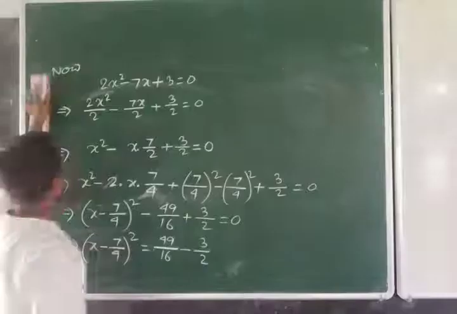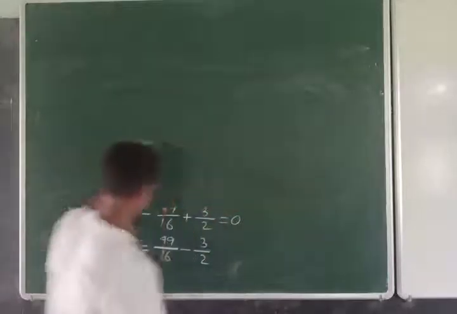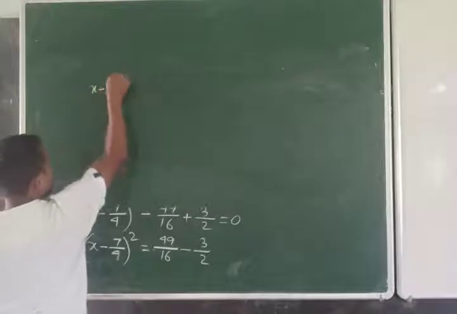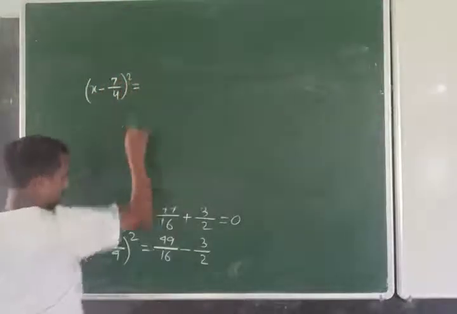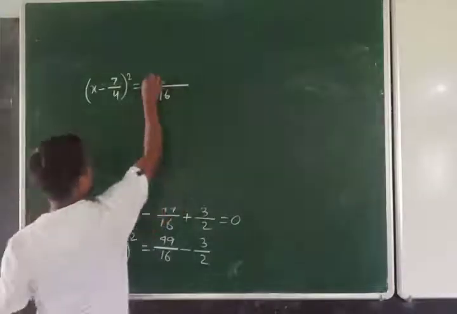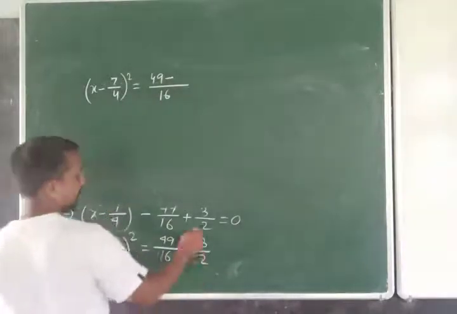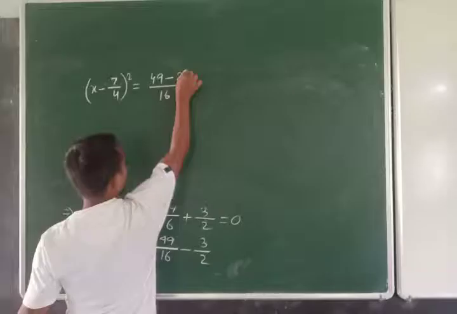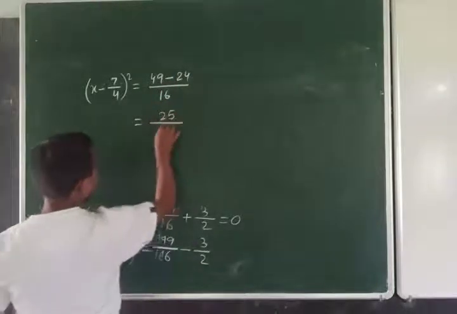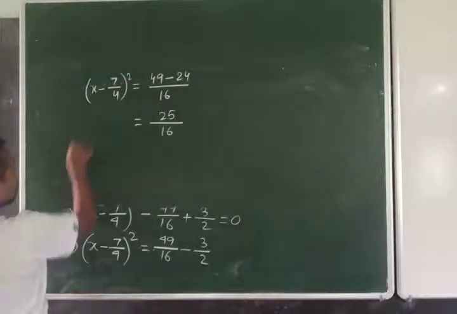So next part of this, x minus 7 by 4 whole square equals this part. 16 is the LCM here, 49 minus 24, which is 25 by 16.